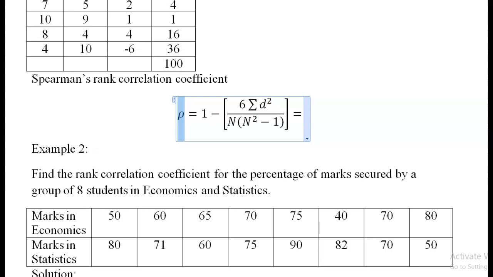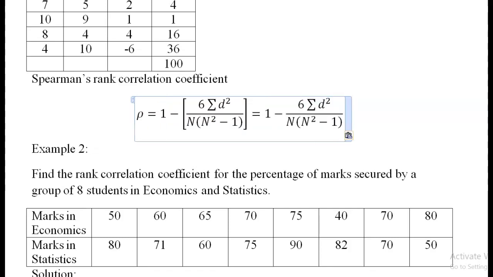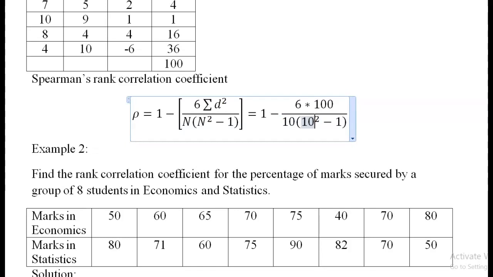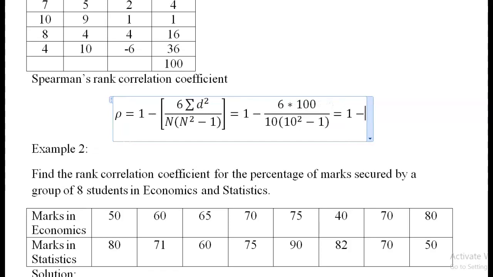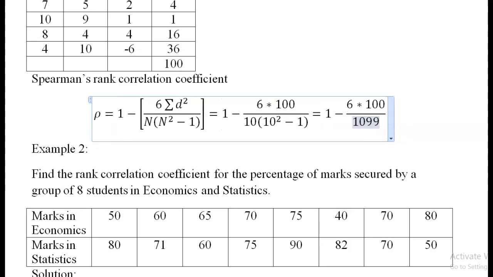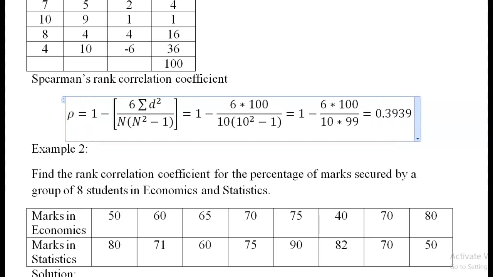Substituting the values one by one: 1 minus 6 multiplied by 100, divided by n which is 10, times 10 square minus 1. Upon simplification, we get 1 minus 6 into 100 divided by 10 square, which is 100, minus 1 is 99, equal to 0.3939. Therefore the rank correlation coefficient is 0.3939.